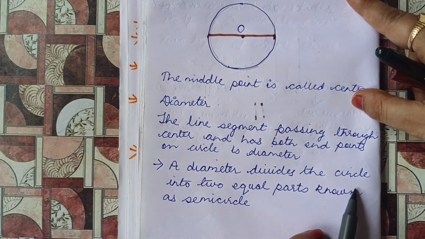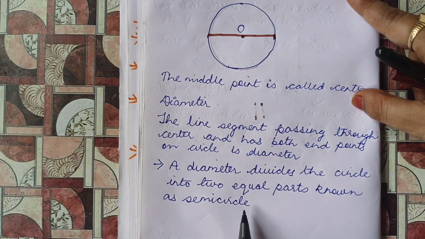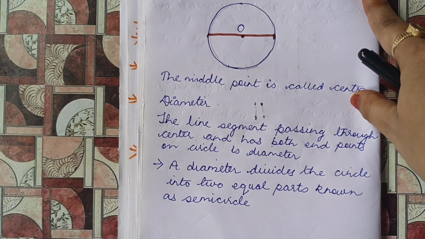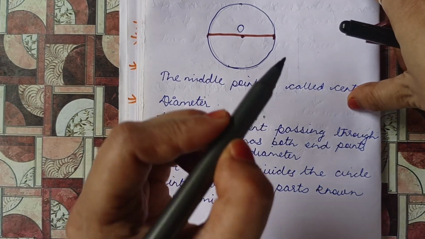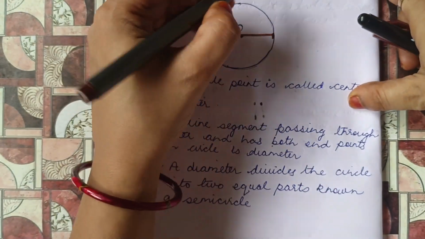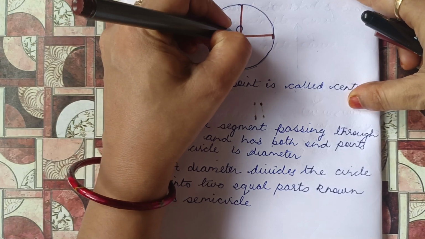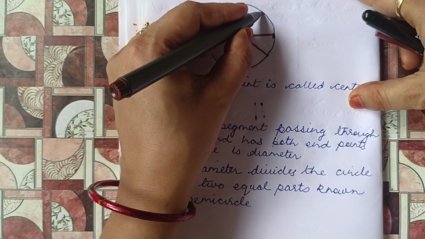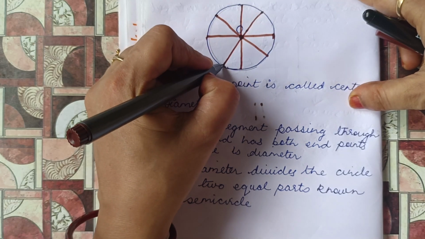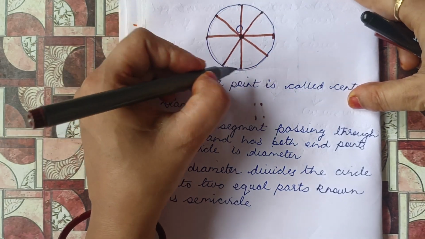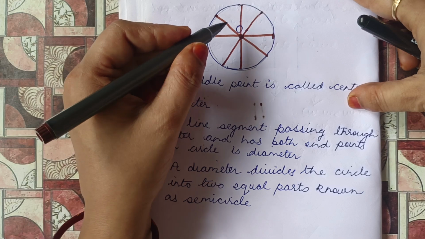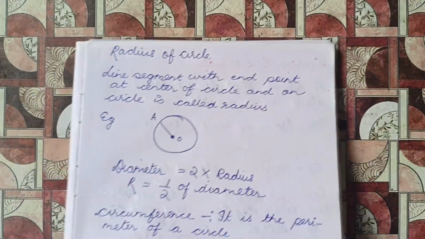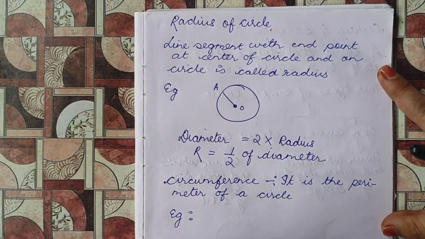A diameter divides the circle into two equal parts known as semicircles. Now there can be many diameters in a circle. Suppose here you can draw a diameter, and you can draw a diameter in this way. So there can be many diameters of a circle. Now let's understand what the radius of a circle is.